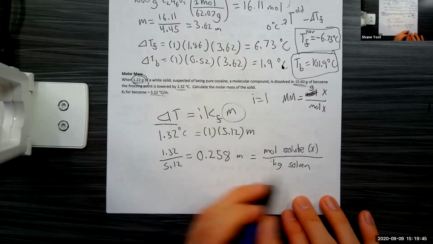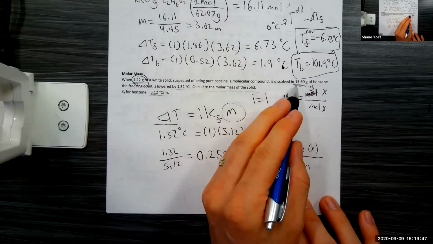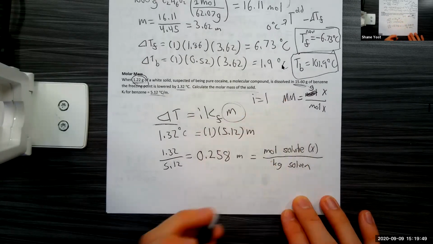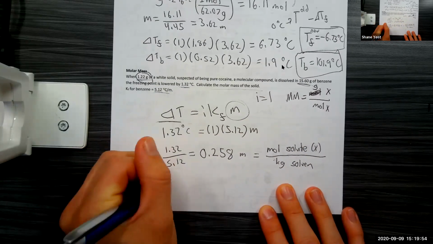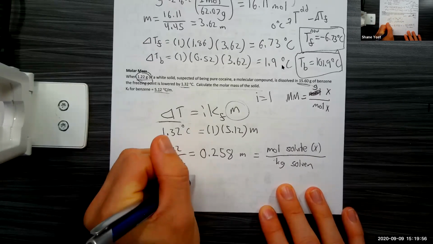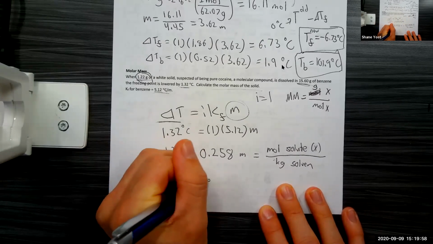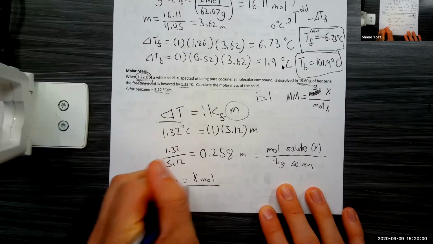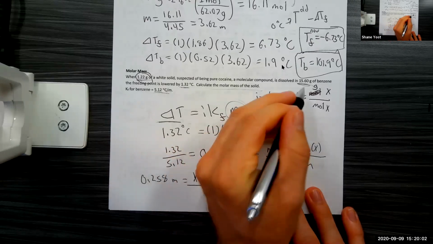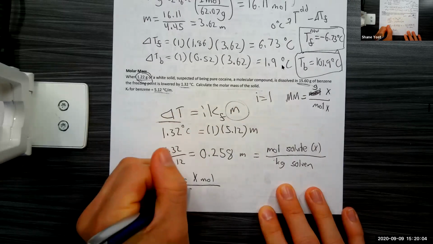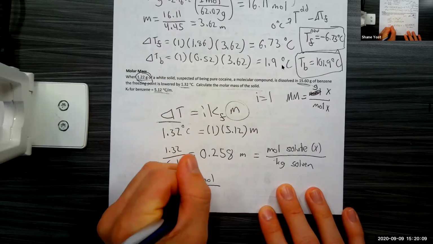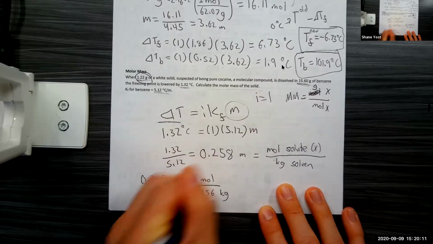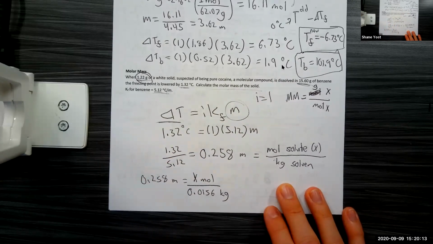Well, I know the mass of my solvent. It was 15.6 grams. So 0.258 molal is equal to X moles of my solute over, now I have to convert grams to kilograms, and when you do that you get 0.0156 kilograms of solvent.